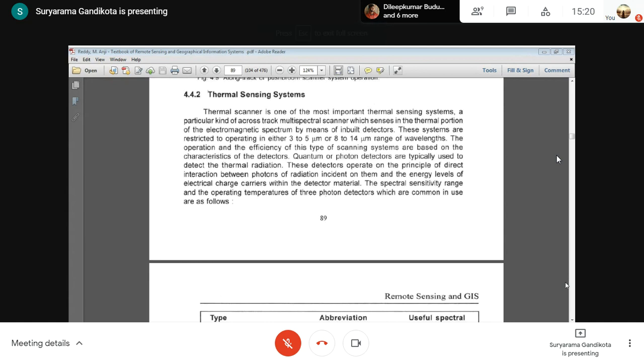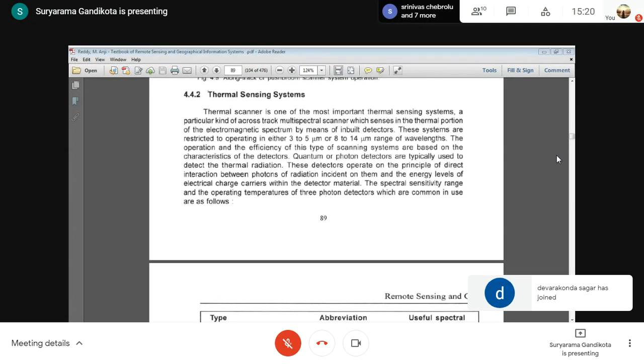In the last class we have already seen the across-track and along-track multispectral scanners, and this is also a kind of across-track scanner. It senses in the thermal portion of the electromagnetic spectrum. That's why it is called a thermal scanner.